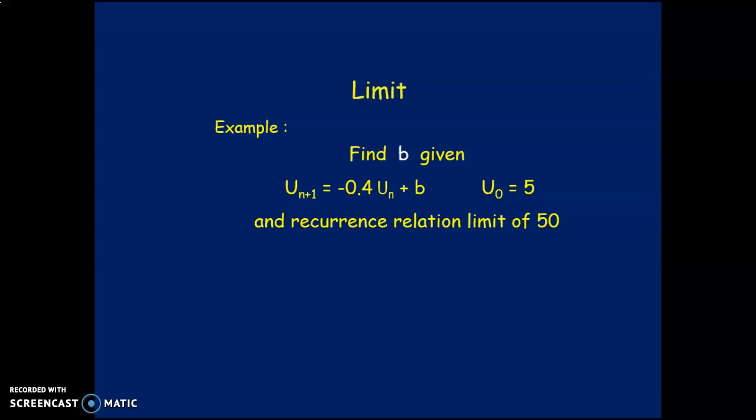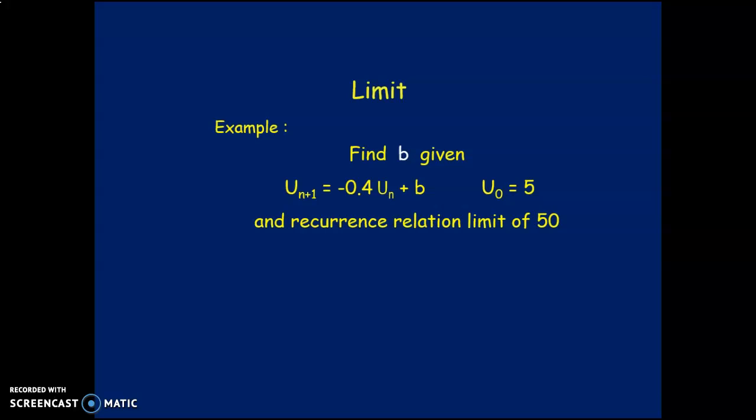Our last example here. So we want to find b given un plus 1 equals negative 0.4 un plus b, where u0, our initial value, is 5, and the recurrence relation has a limit of 50.